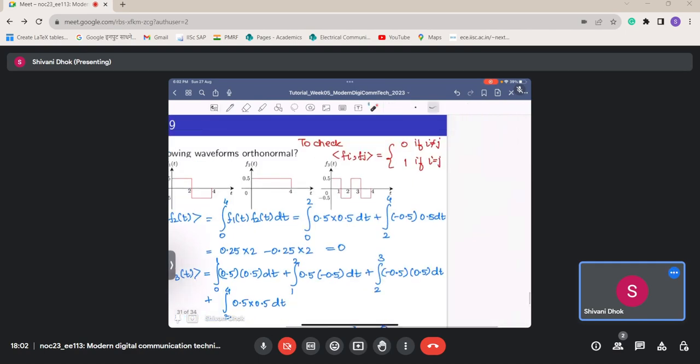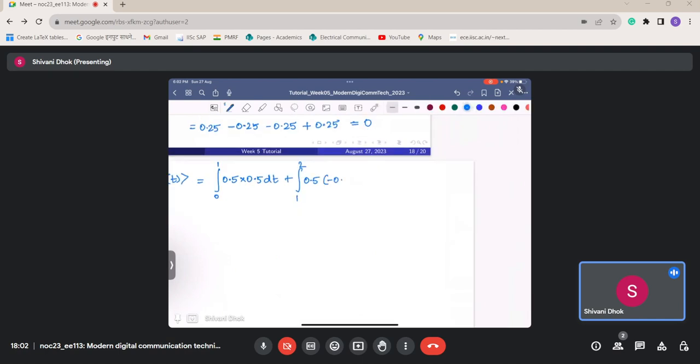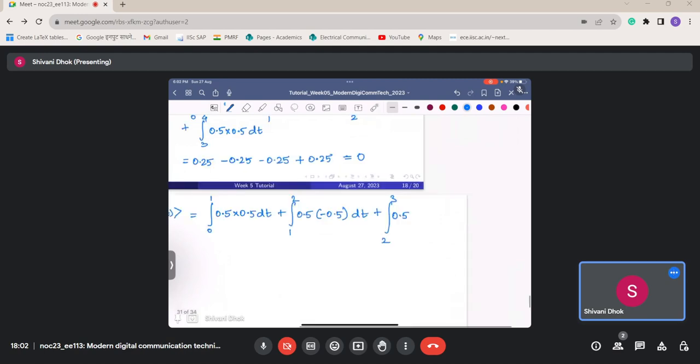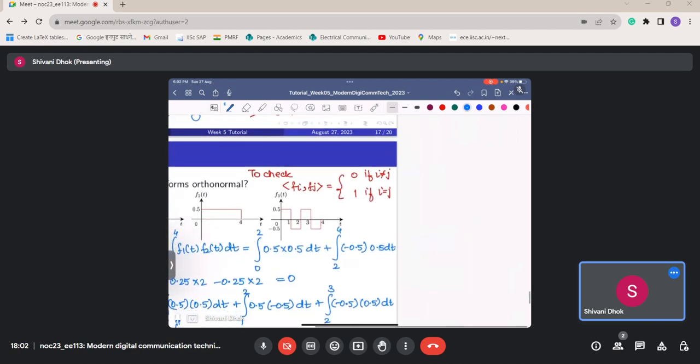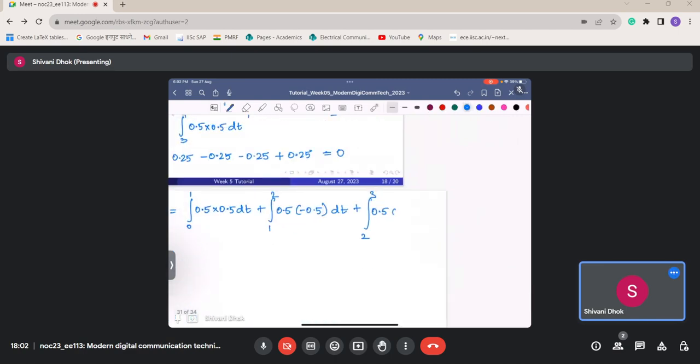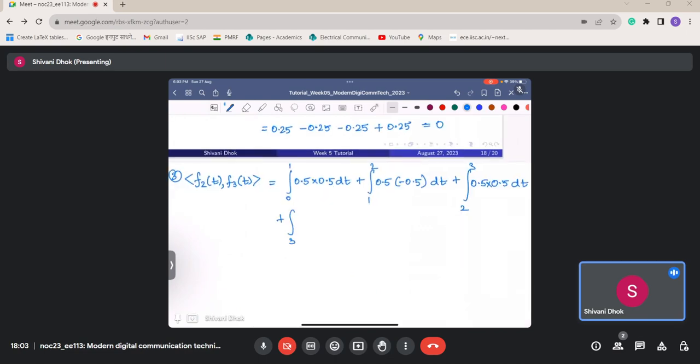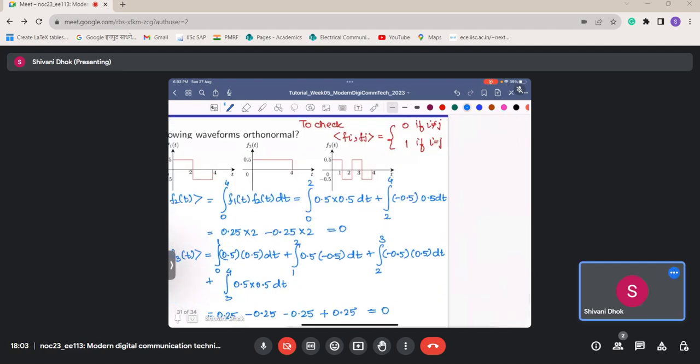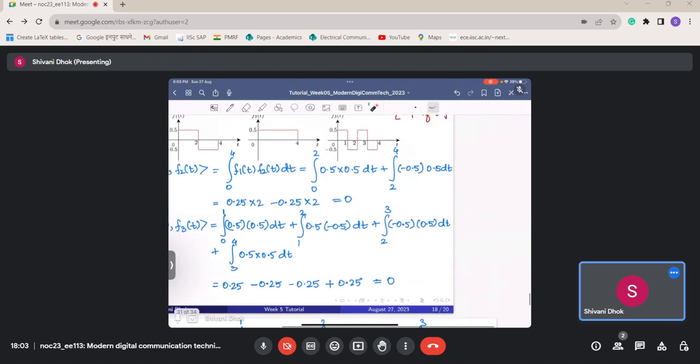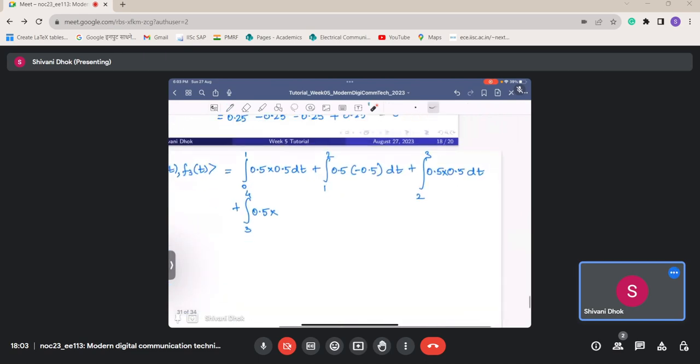However, now here f3(t) is minus 0.5 dt, plus the integral 2 to 3, f2(t) is 0.5 and f3(t) is 0.5 dt, plus the integral 3 to 4, 0.5 multiplied by minus 0.5. f3(t) is minus 0.5 here.